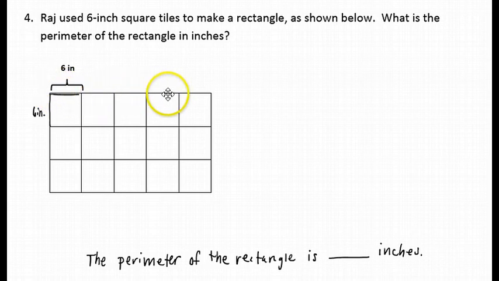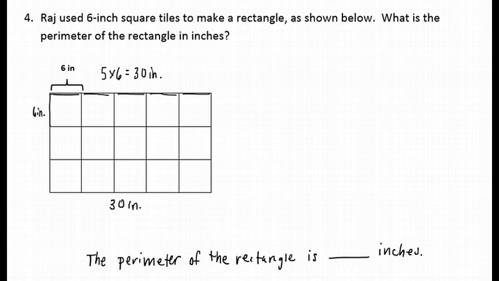Well, let's figure out what the length on top would be. If each of these tiles is 6 inches and I have 5 of them that go across the top, then the length would be 5 times 6, or 30 inches. If the top is 30 inches, then the bottom would also be 30 inches.